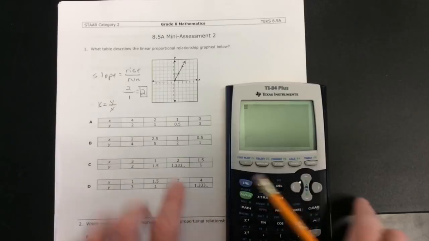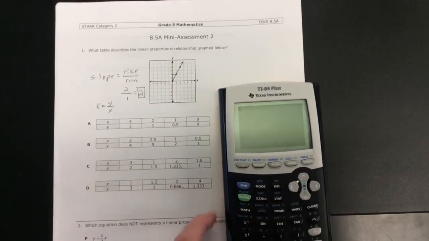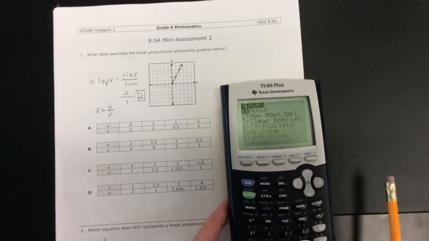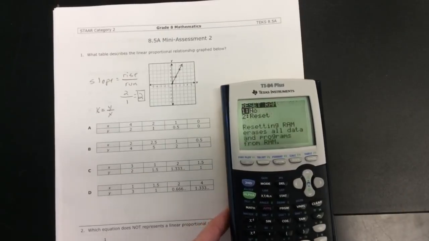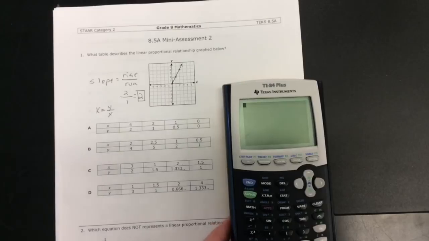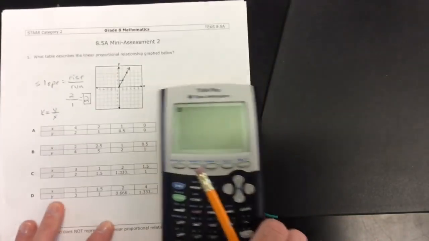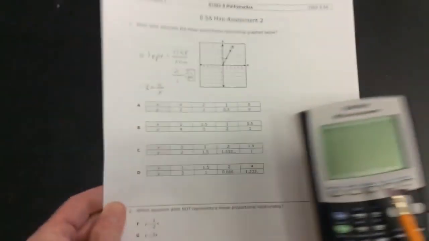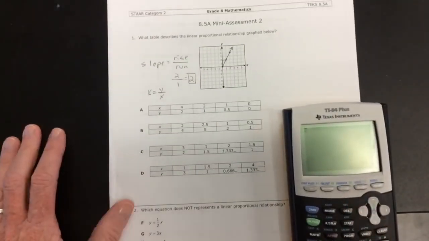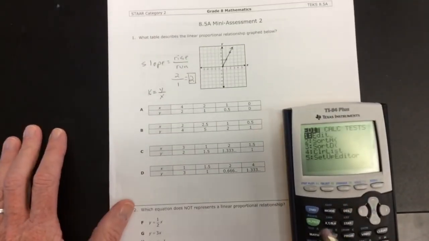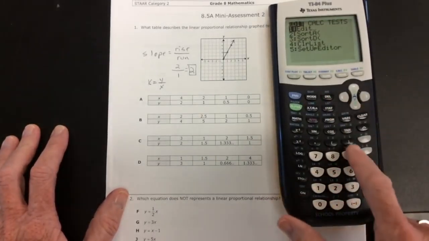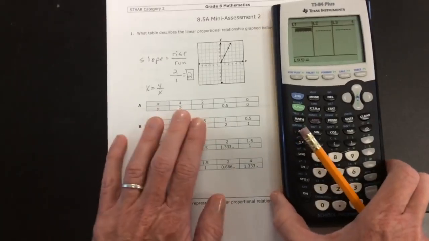Let's put it in our calculator. Turn your calculator on. Let's hit second plus 712 to reset our calculator. Let's put this table in here. We're going to put in stat, edit, and let's put in our x's.